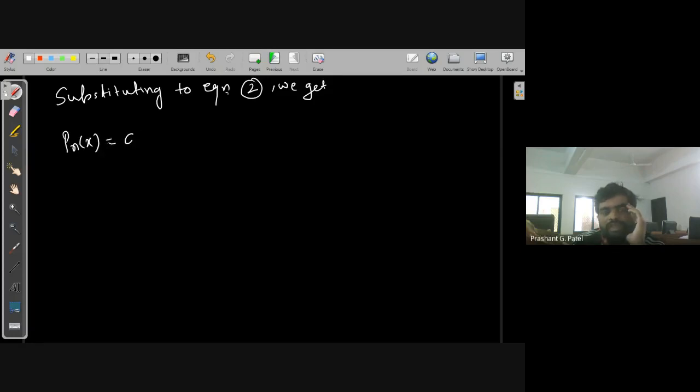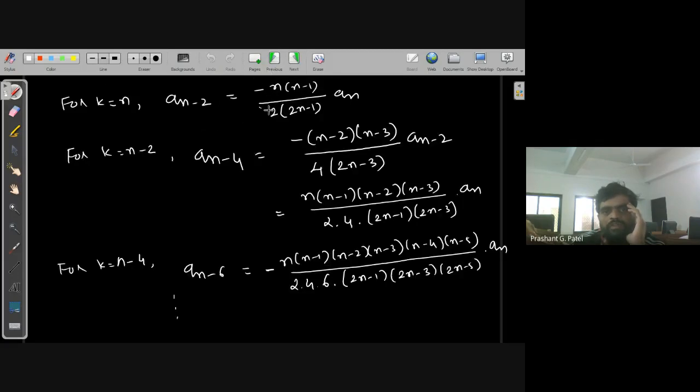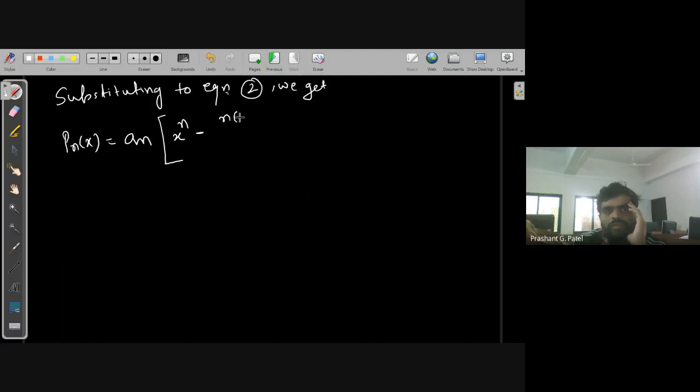You note that this an is common in each and every term, so that is why I take it common. Then you will have x power n minus, this is the first term an minus 2, that is minus of n into n minus 1 upon 2 into 2n minus 1 into x raised to n minus 2.